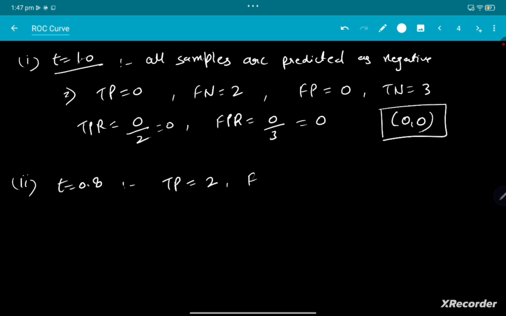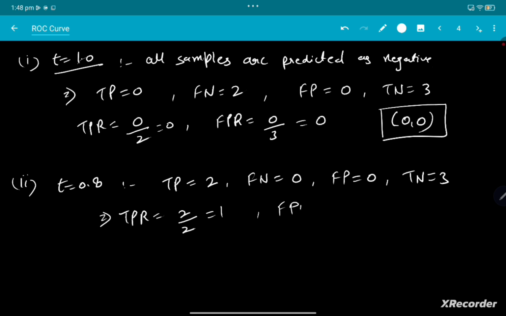False negatives will be 0, false positive will also be 0, and true negatives will be 3. So it means that your TPR is 2 by 2, which is equal to 1. Your FPR will be equal to 0 by 3, which is also 0. So this gives us the coordinate 0 comma 1, because FPR is 0 and TPR is 1.